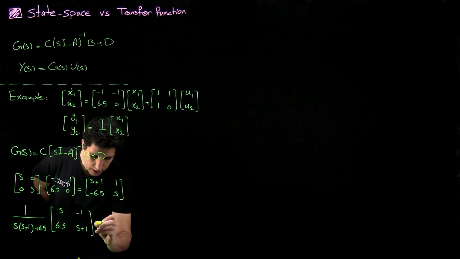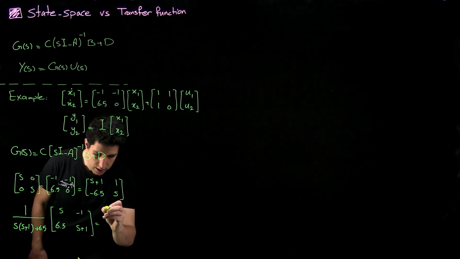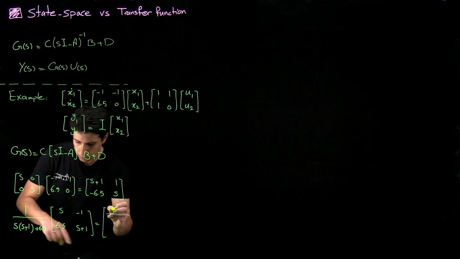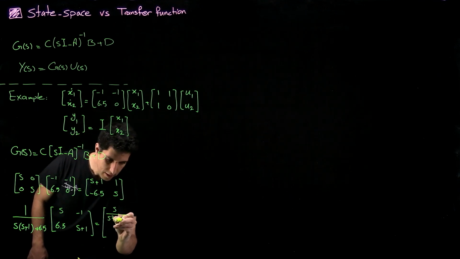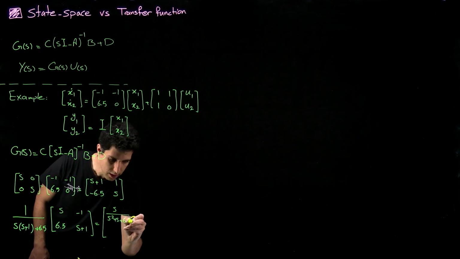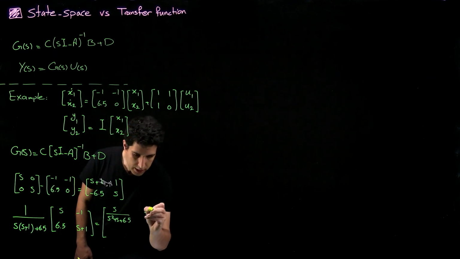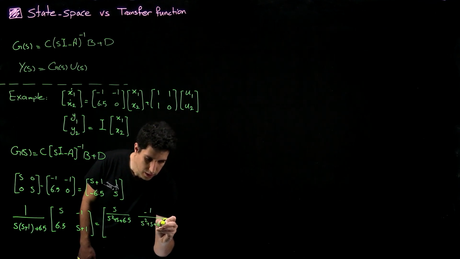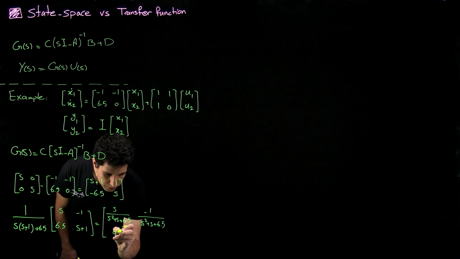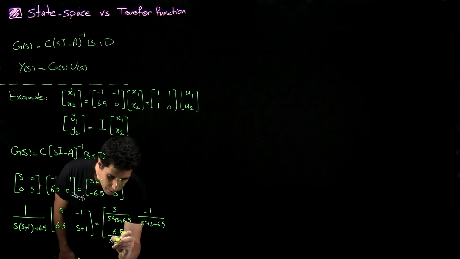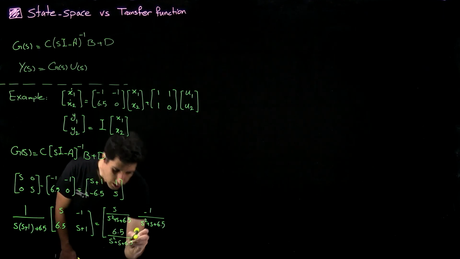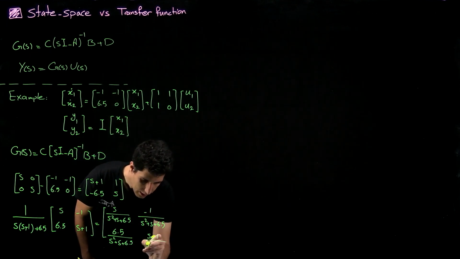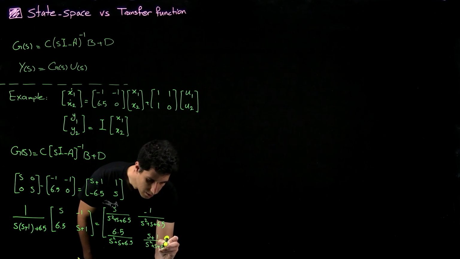So if I'm going to keep this, I'll have s over (s squared plus s plus 6.5), minus 1 over (s squared plus s plus 6.5), 6.5 over (s squared plus s plus 6.5), and the last one, s + 1 over (s squared plus s plus 6.5).